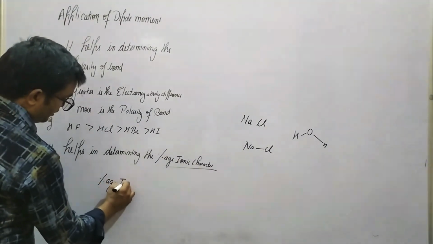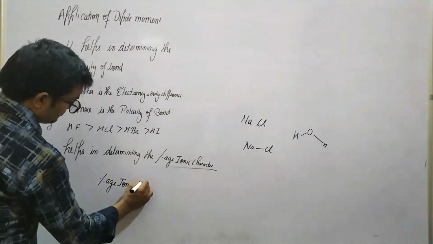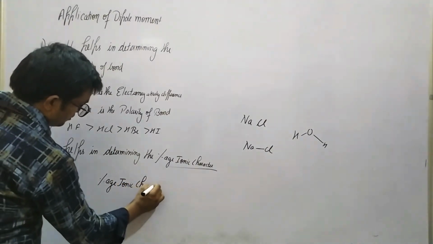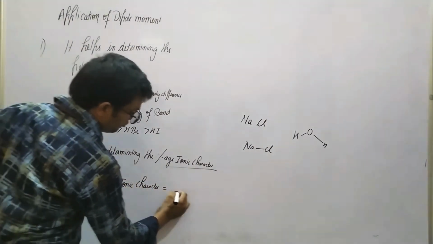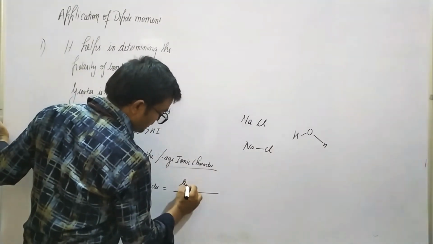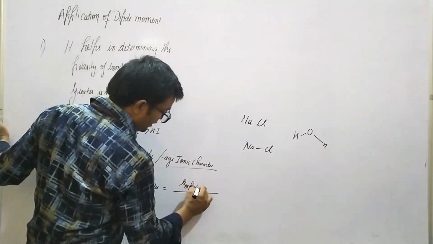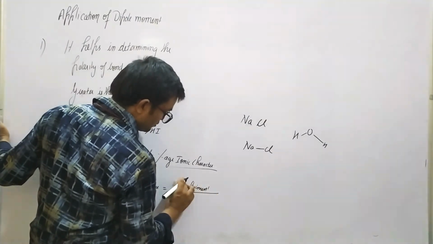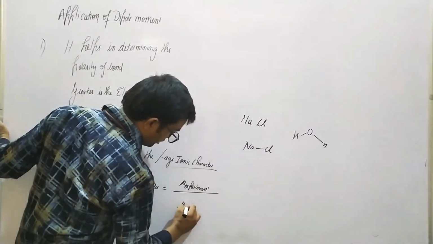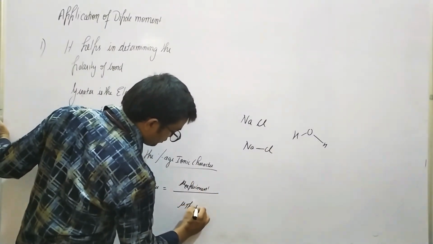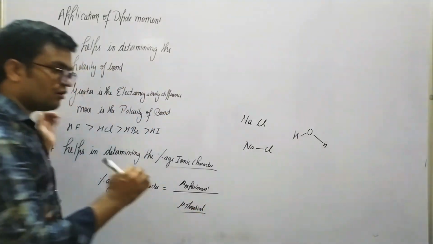Percentage ionic character is determined by μ experimental, the value which can be found by experiments, and μ theoretical, which we calculate in our copies or in our manuals.